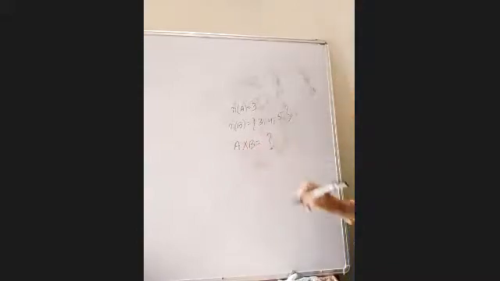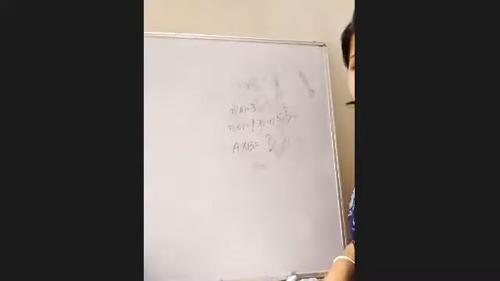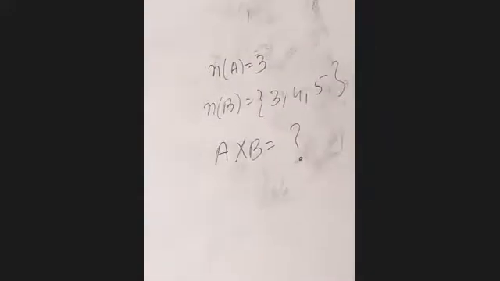Hurry up, answer it. If n of A is equal to 3, n of B is equal to 3, and A cross B is equal to question mark, then what is it? 31 students are here, so all can give the reply. Very good, the answer is coming 9.